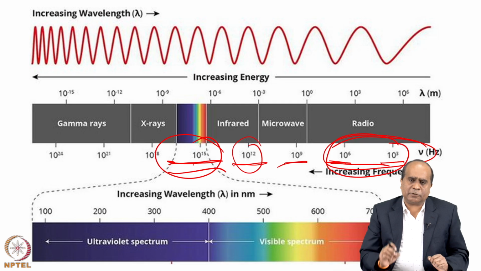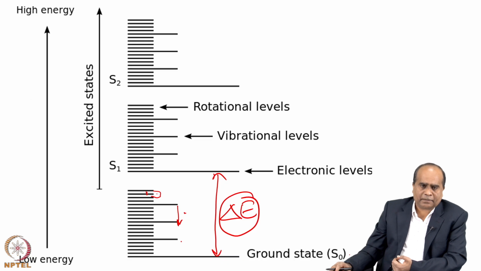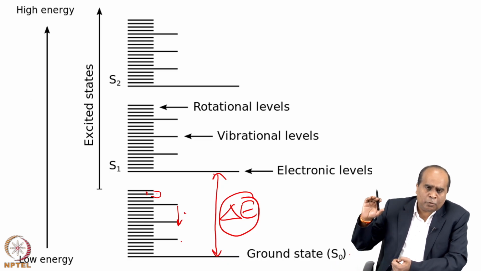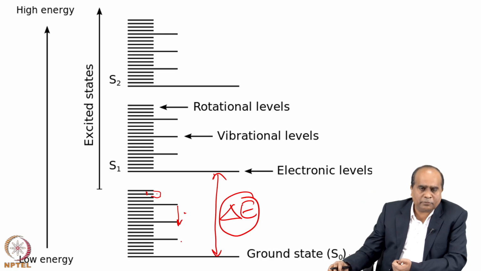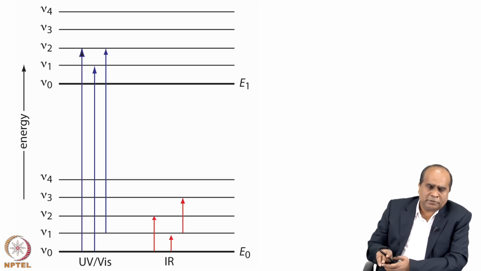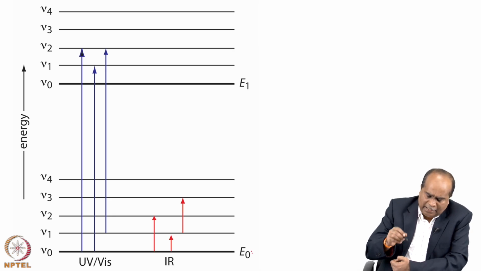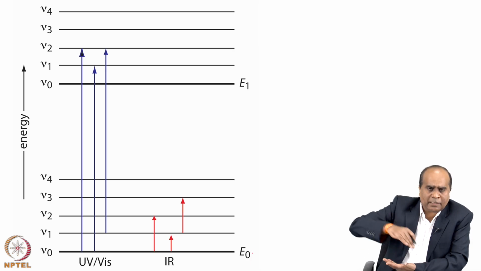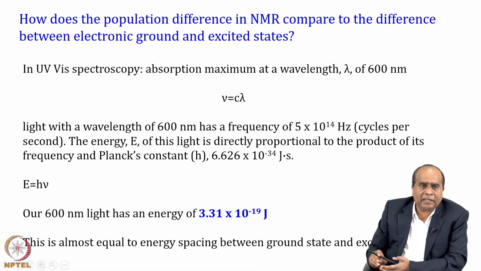And finally, for NMR, nuclear magnetic resonance, you require a frequency of 10 to the power 6. So, that is the correlation between what kind of EM wave we need for a particular kind of spectroscopy. For UV-visible, since the transition is happening from the electronic ground state to the electronic excited state, you require a large energy gap compared to vibrational spectroscopy.